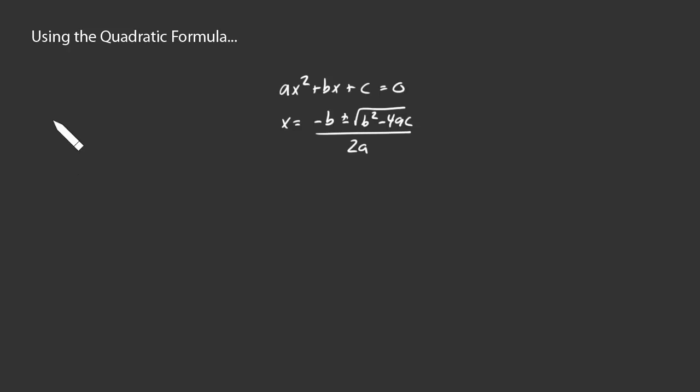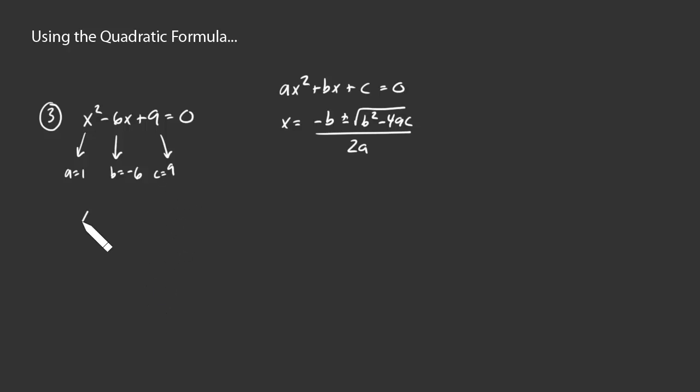Okay, one more example here. Suppose we had x squared minus 6x plus 9 equals 0. If we apply the quadratic formula right away here, and of course we know better, right? We know we should be checking for factoring first. But if we did, notice a is equal to 1 here, b is equal to negative 6, c is equal to 9, the constant term.